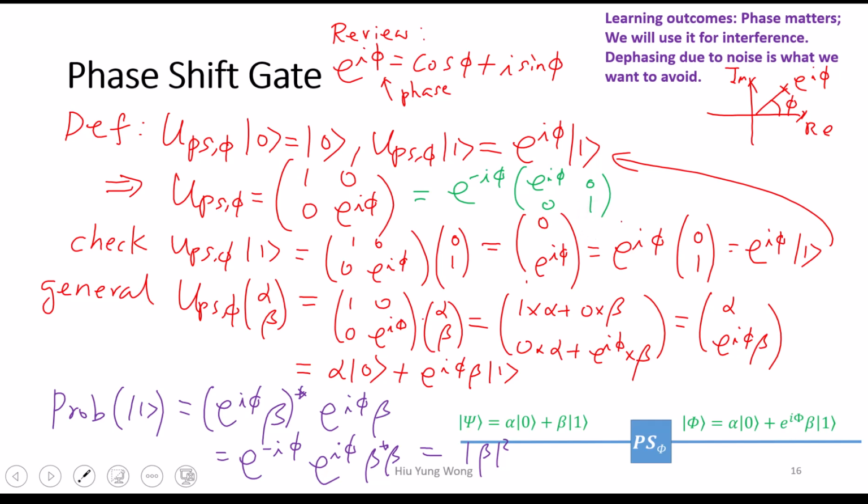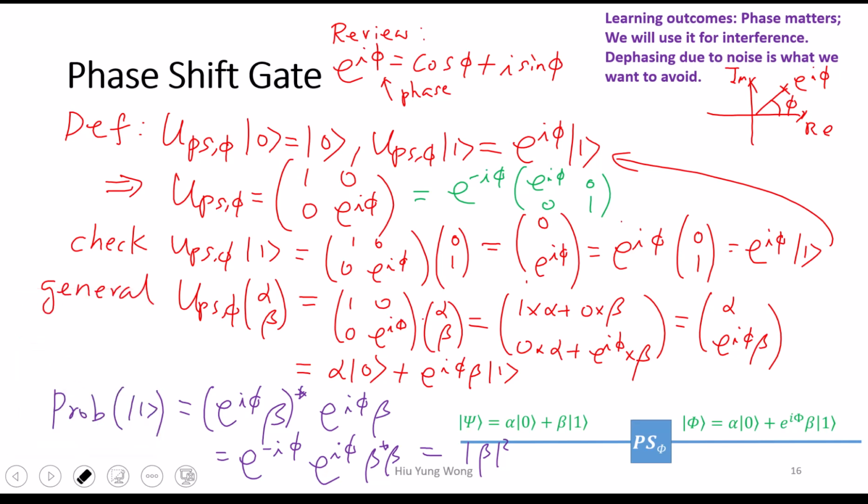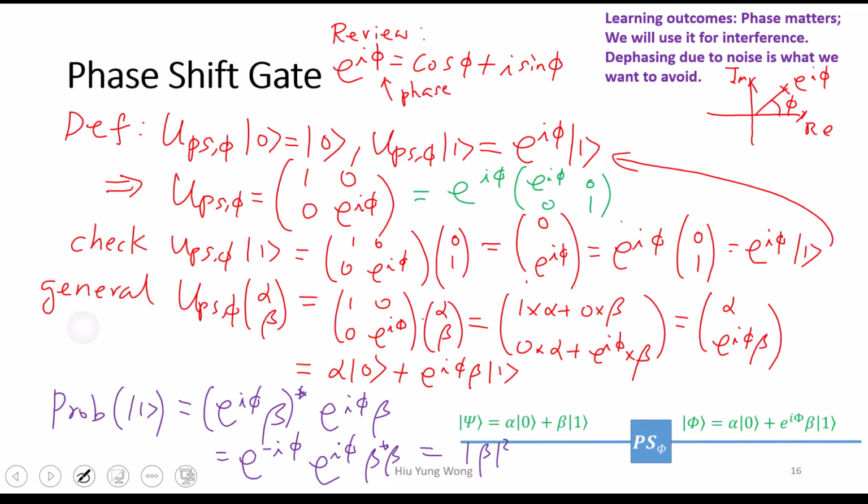Oh no, this should be plus, and then this should be minus. First of all, do you agree this one equals this? When a number multiplies a matrix, you multiply the number to every element, right? So this equals this, right?